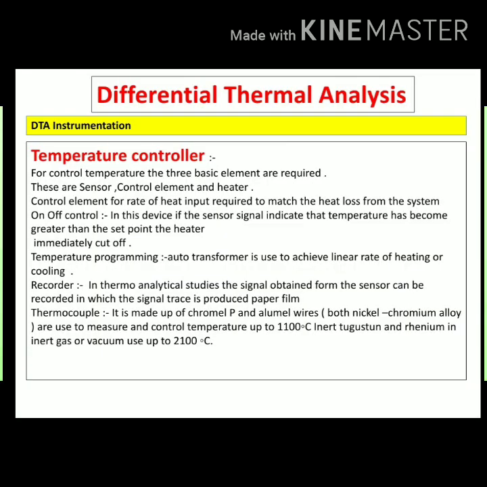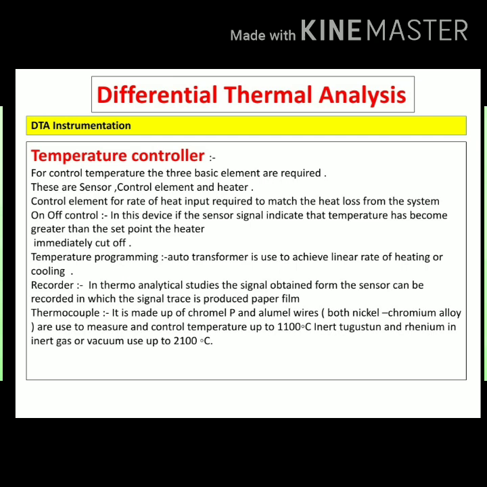The thermocouples are the temperature sensors. Thermocouples are inserted into the centers of the materials in the chambers. Generally, the thermocouple wires are made of chromium and nickel alloy, or nickel and aluminum alloy, with a heating range up to 1100 degrees Celsius.